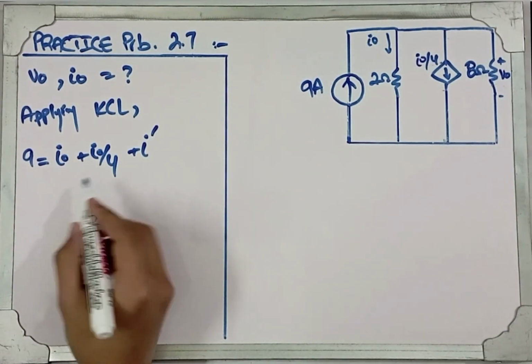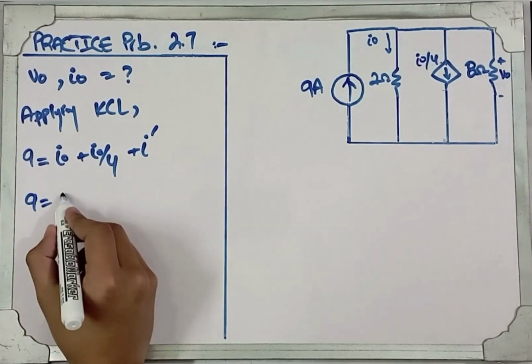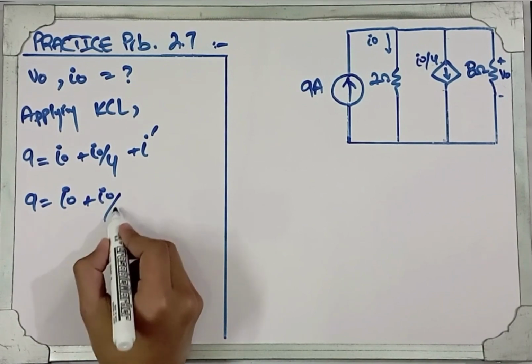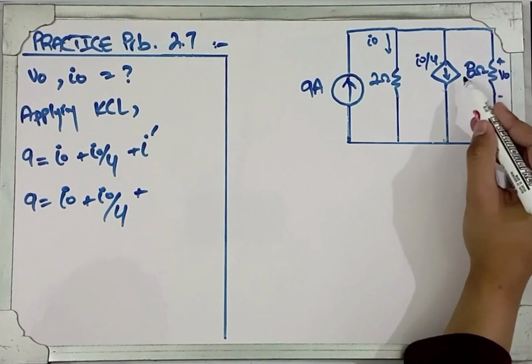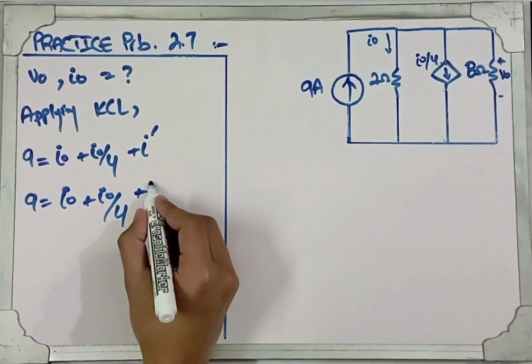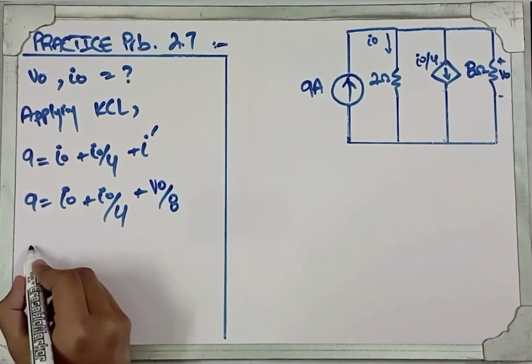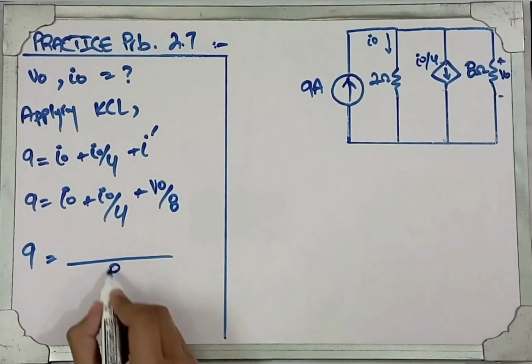Now again we will write the equation 9 equals I0 plus I0 by 4, and we will apply Ohm's law on the 8 ohm resistor. Then I prime will be equal to V0 over 8. Now we will take the LCM of the terms on the right, 8.